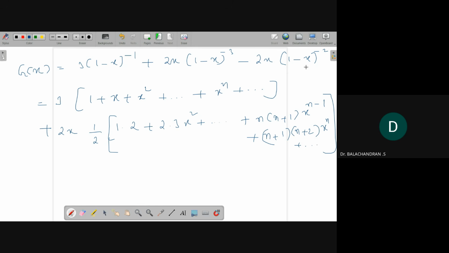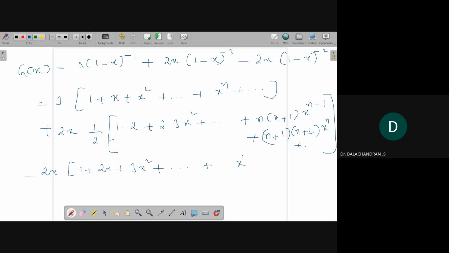So next minus 2x into 1 minus x whole power minus 2, 1 plus 2x plus 3x square plus 4x cube and so on. Again, here I need x power n minus 1th term.